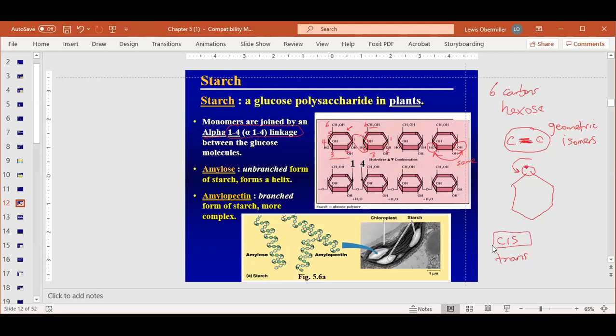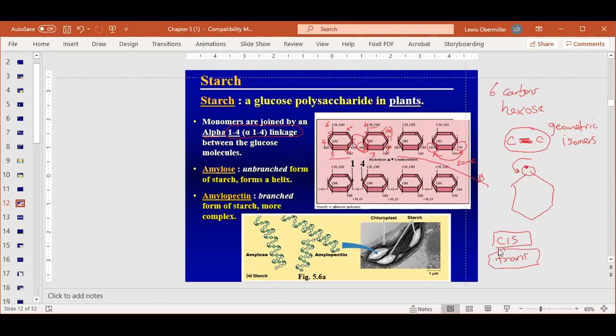Cis is the same side. Good. Now, in beta glucose, this hydroxyl is up here instead of down here. And so then they're across from each other, not on the same side. This one's up and that one's down. And so what would we call that? Trans.